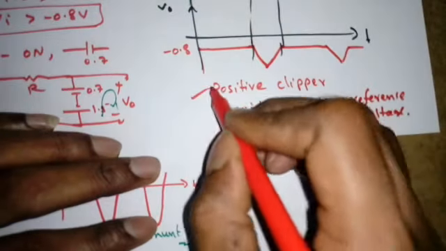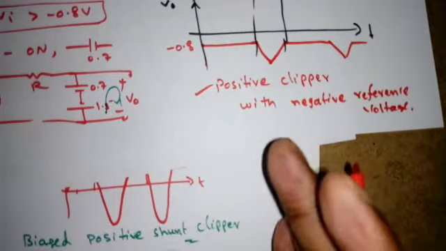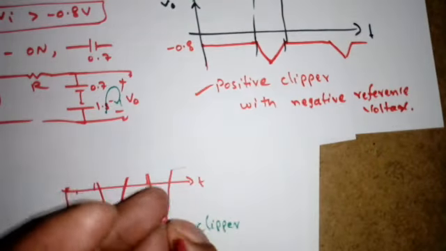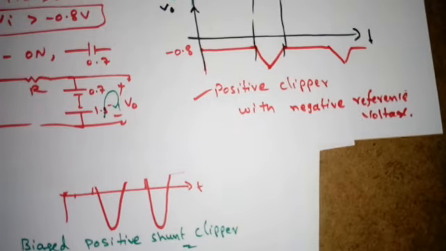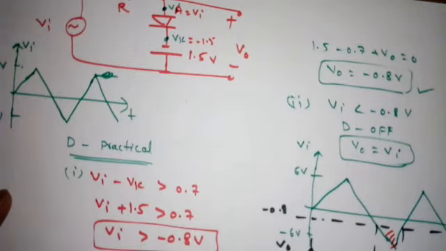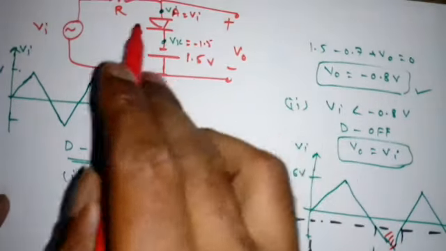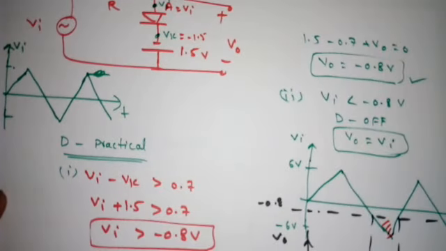This is also we can give name, positive clipper with positive reference voltage, positive clipper with negative reference voltage, negative clipper with positive reference voltage, negative clipper with negative reference voltage. That is also possible, right? So this is the waveform of this circuit when the V reference is negative value. It is still positive clipper only, but the reference value or biasing value is negative value, right?